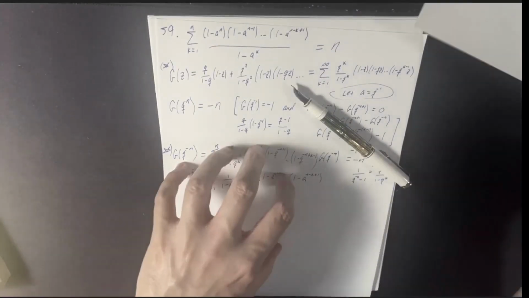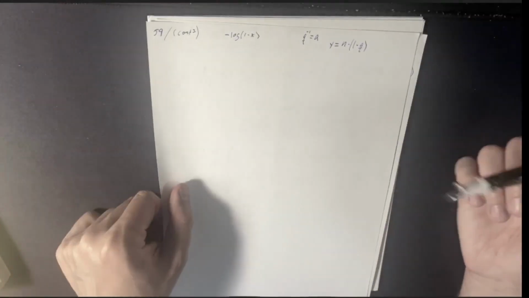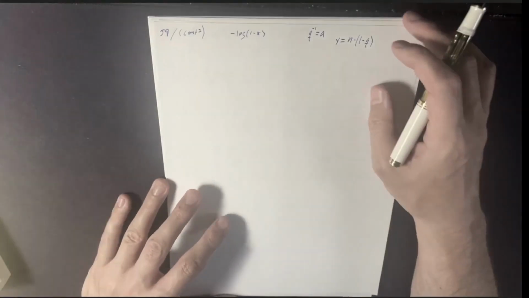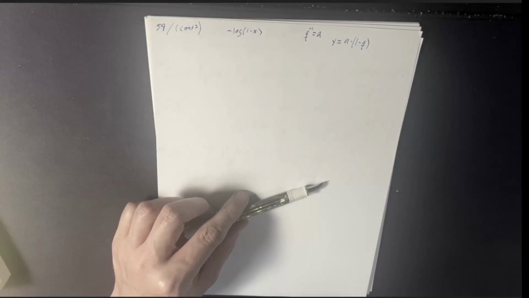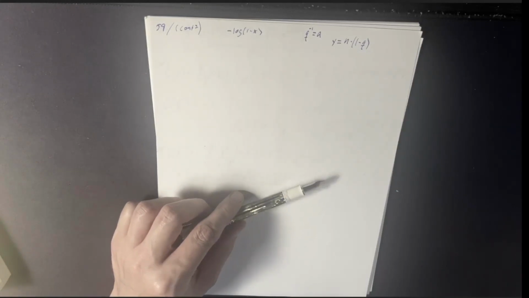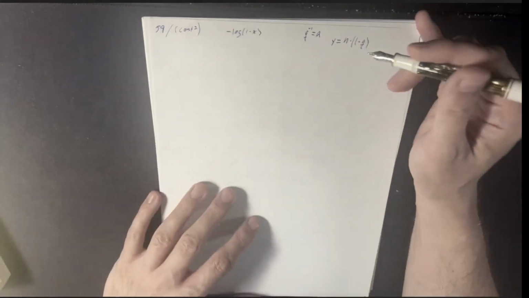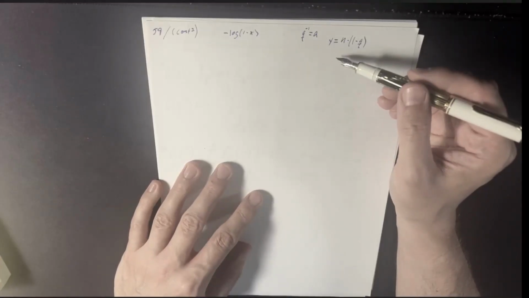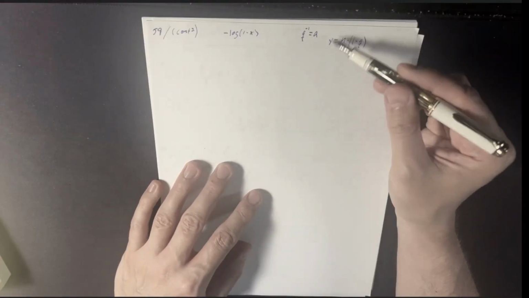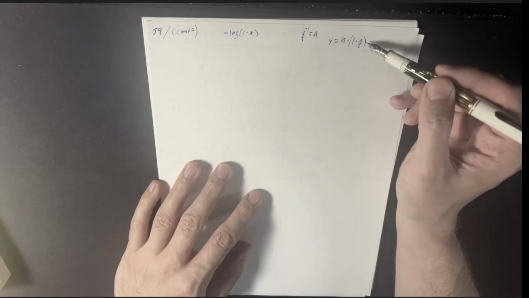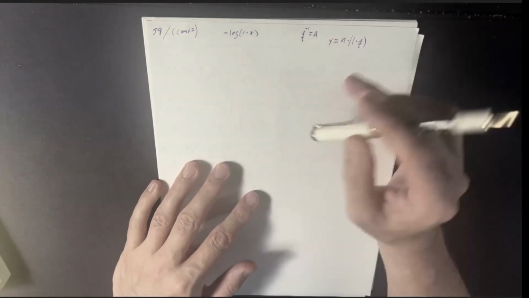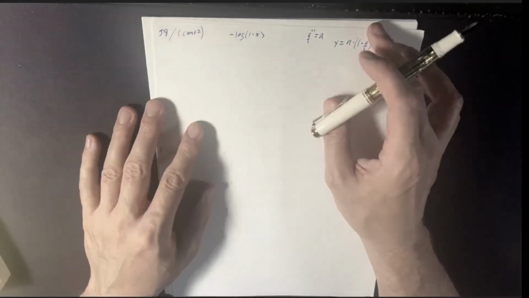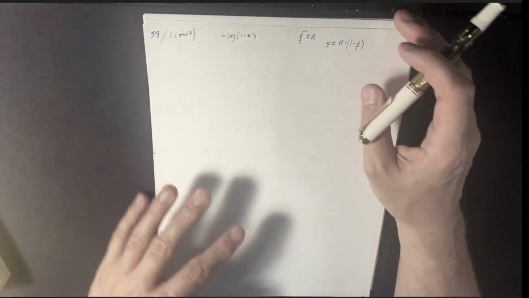So that's it for the bulk of 59. But how does that relate to negative log 1 minus x? I looked at it the other day. I was never any good with these random substitutions. You know what I mean? Sometimes they'll just do a substitution, put it in a totally different space, and suddenly the problem is really easy.